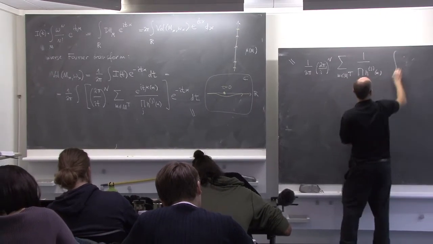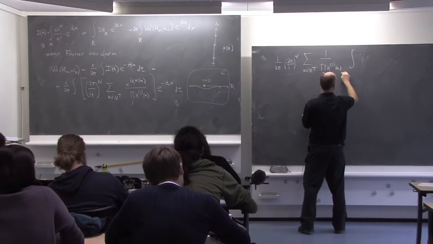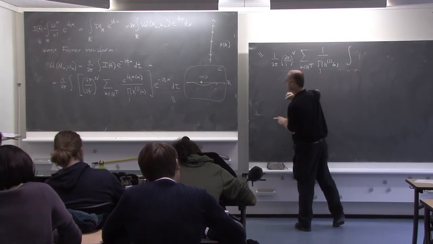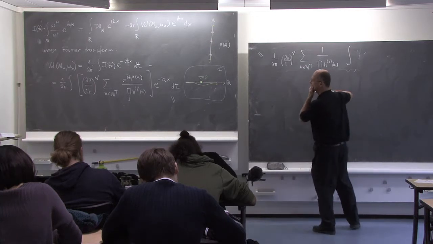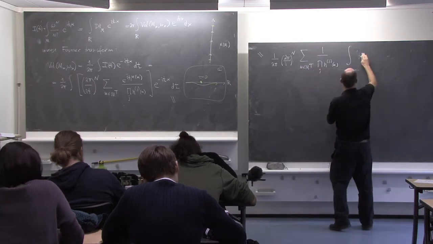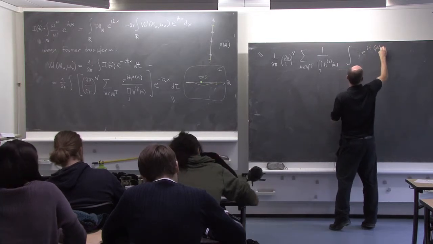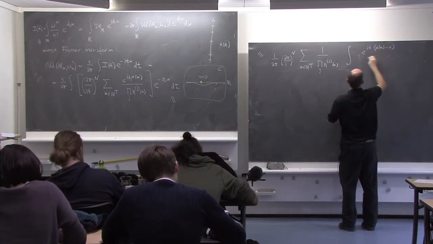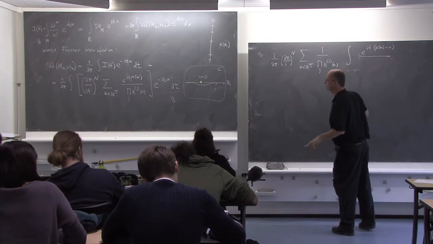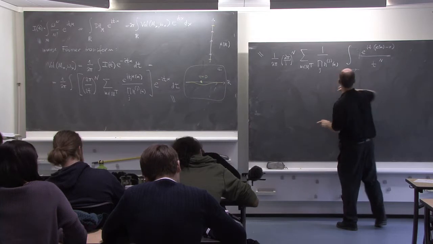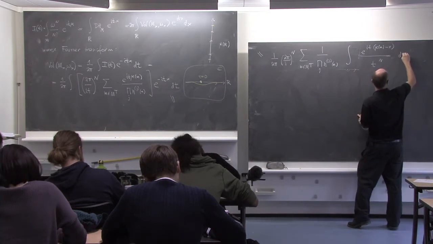And now an integral. Here I have the exponential of i t times mu of m minus x, divided by t to the power n, dt.